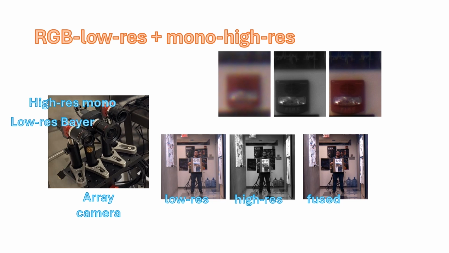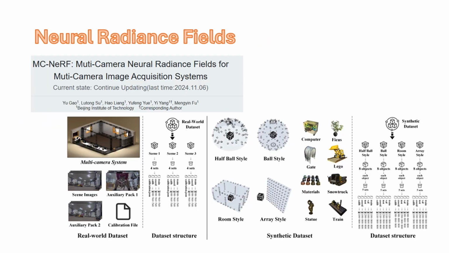So this field, this idea of how we build architectures for processing data from heterogeneous camera arrays, is very much in its infancy. What I've shown you here are a couple of algorithms that allow us to do that with transformers. There are also groups working on using neural radiance fields for this. Many episodes ago, we talked about neural representations, where we build a neural network to regressively model the data that we've captured.